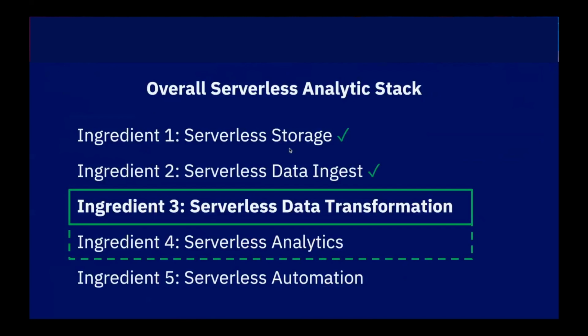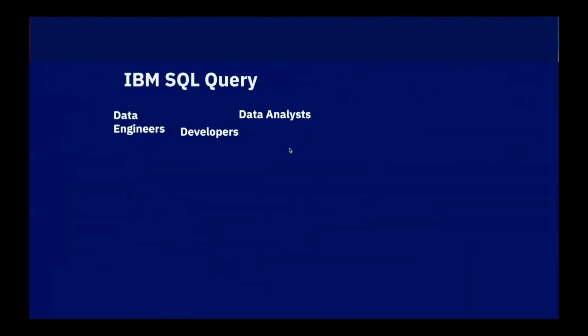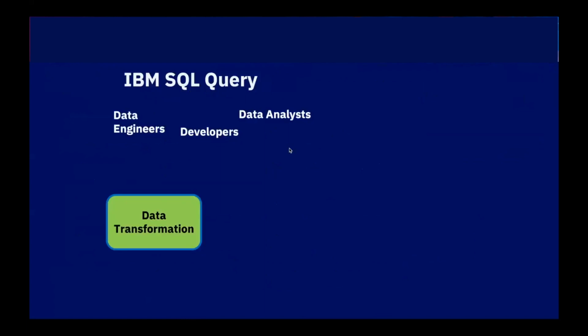But let's first focus on the data transformation, and the service that we are using here is called IBM SQL Query, which is targeting developers, but also other users, depending on their degree of sophistication in terms of writing SQL. We address them either directly, like data engineers or data analysts, or indirectly through some tooling layer in between that generates SQL. So important to understand is this service does two major things: data transformation and analytics.